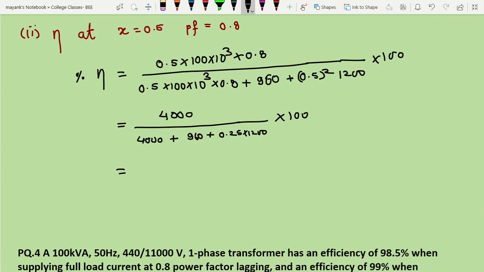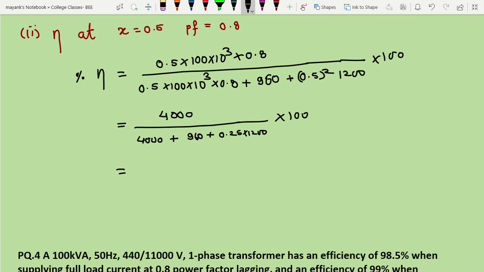And further, this will be like this, 1200 into this, this is 300 plus 960 and plus 4000. This denominator becomes 5260.